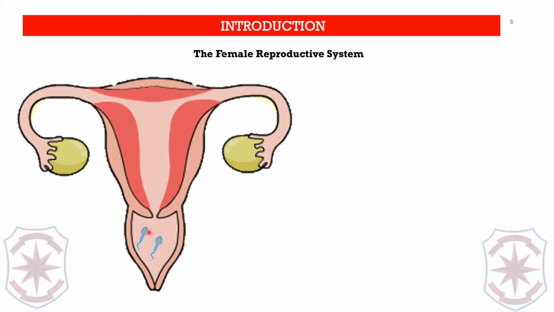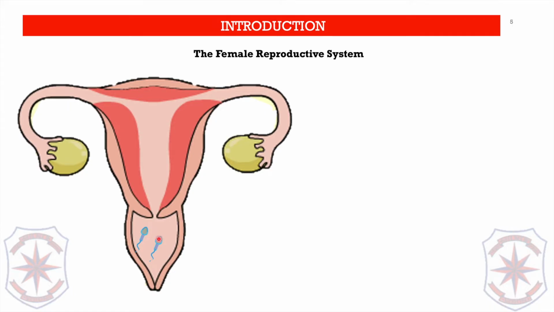So what you see over there are sperm cells. Of course, there isn't just 2 sperm cells. There are actually millions of sperm cells. But for the sake of space and for the sake of teaching, I'm only going to include a few. So the first point of entry is that the male will deposit his sperm cells into the vagina.